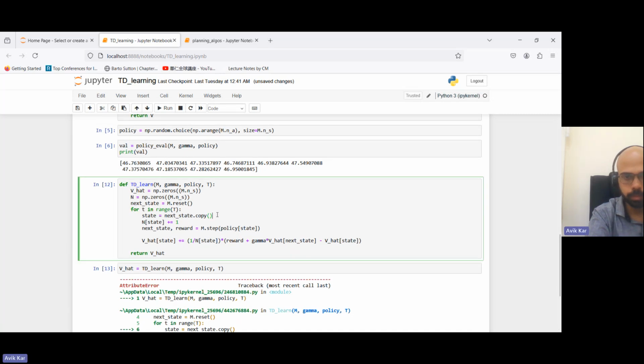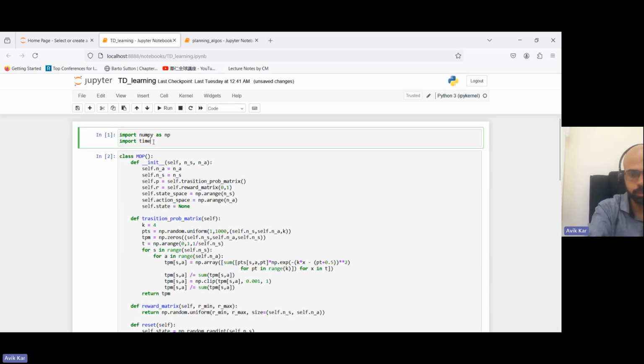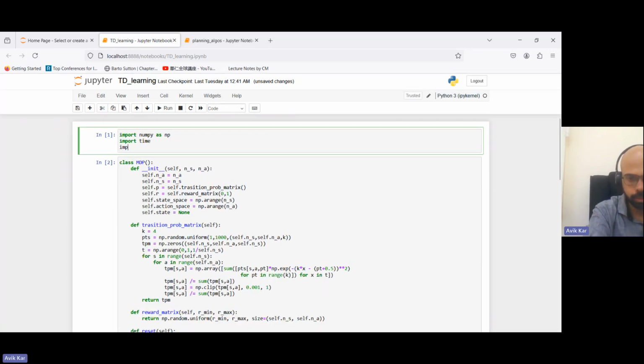Okay, so int object doesn't. We import the library.